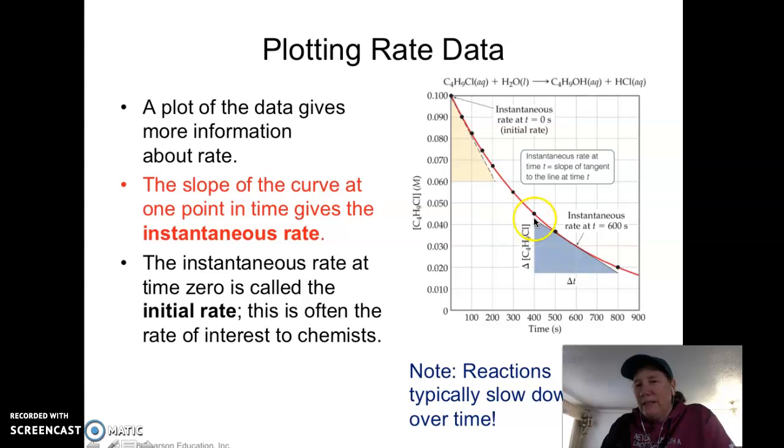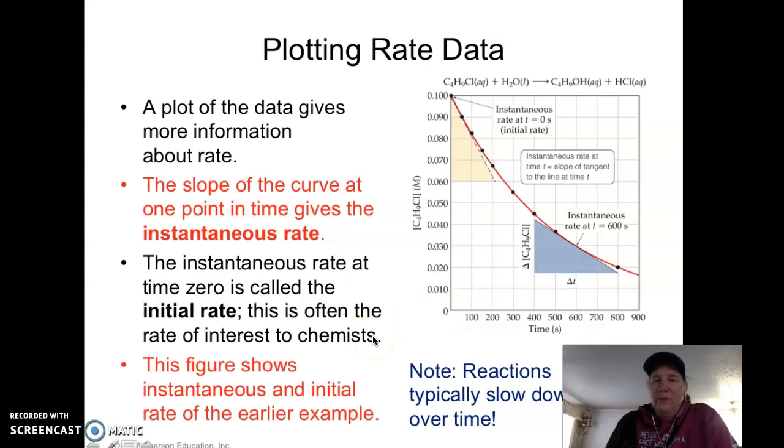So basically you take your slope like here and you just go straight down. That takes away the curve that's happening there. And then it's the same thing: the difference in concentration, here to here, and then here to here as far as your time.